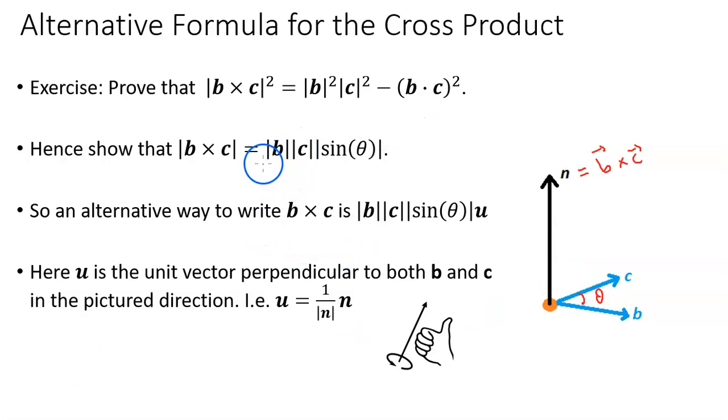Moreover, taking a look at this length of b times length of c times sine of theta, this would actually give the area of the parallelogram that has b and c as its base vectors.